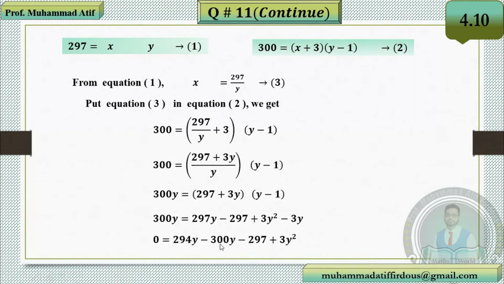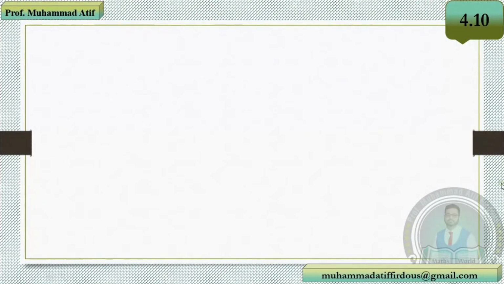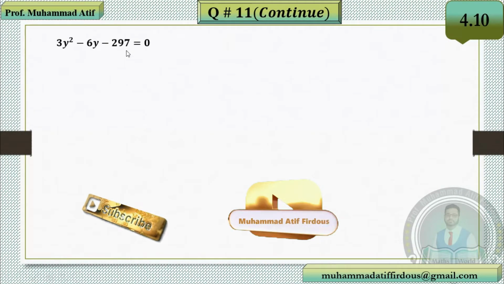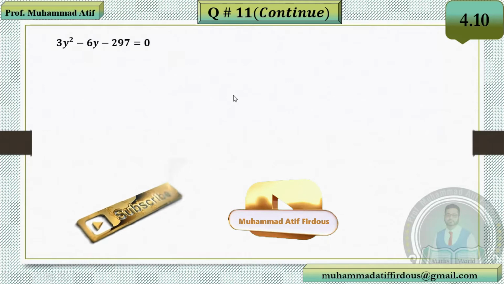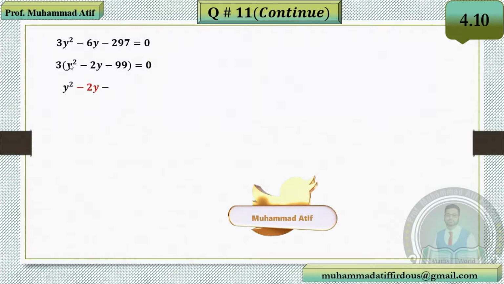We have 294y minus 300y, 297, and more simplifying, we have 3y square minus 6y minus 297. Now you can take 3 common from your left hand side and divide it from your right hand side. You have only y square minus 2y minus 99.